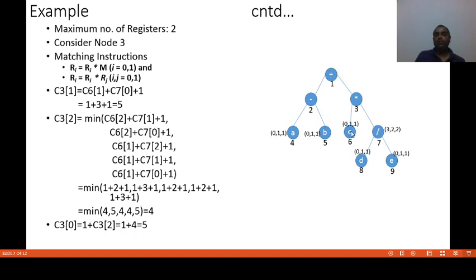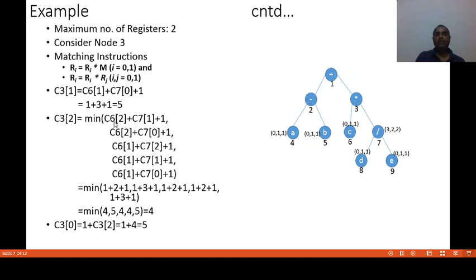Now, if I am evaluating this node by using 1 register, that will be what? This node by using 1 register plus this node by using 0 registers plus 1 store cost. That is what? C61, that is 1. C70, that is 3, plus 1, that becomes 5. In this way, C32, the cost of evaluating node 3 by using 2 registers.